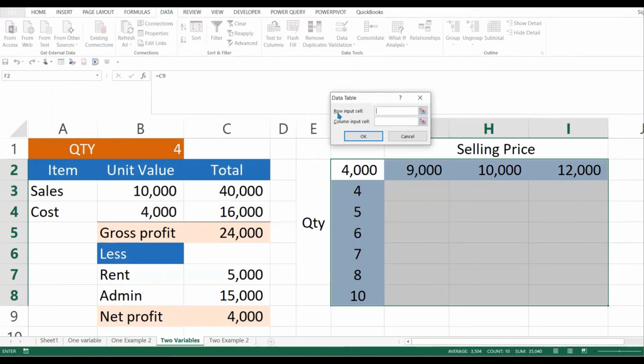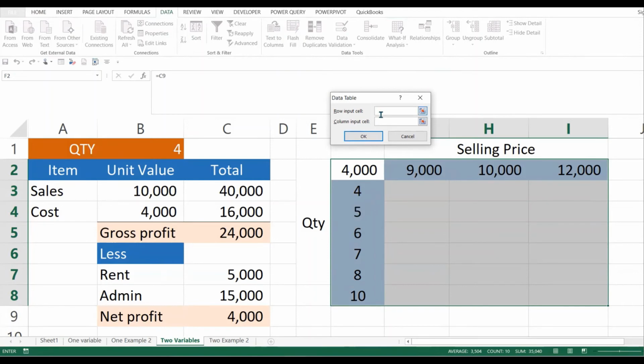Now, row input cell. In this case, I have two variables. One of my variables is in the form of a row, that is the selling price here. My next variable is in the form of a column, which is quantity.